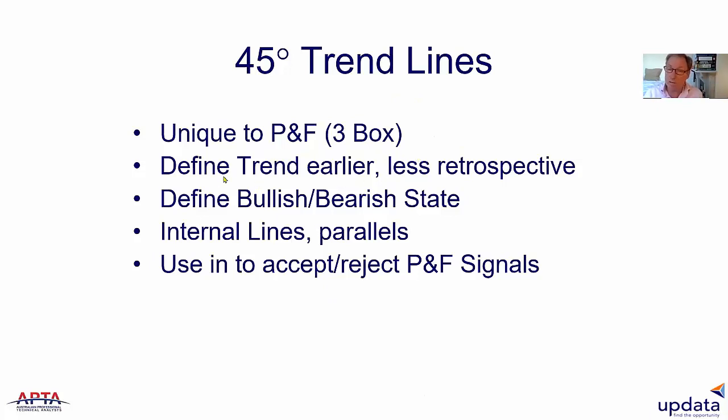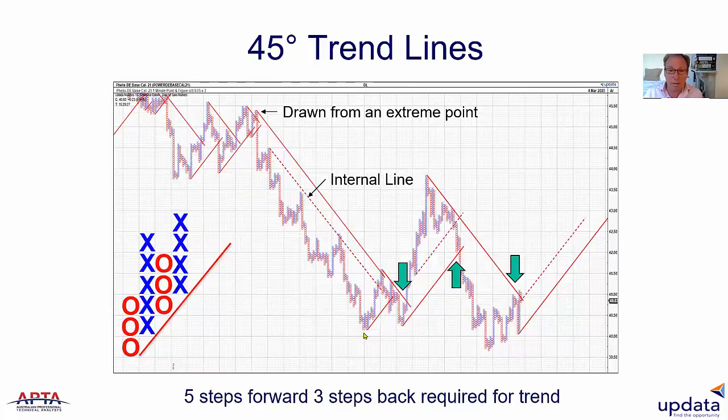They're great because they define the trend as soon as you reverse. As soon as you break this line, you can then draw this line. So the trend is defined from the low point as soon as the previous trend was broken.